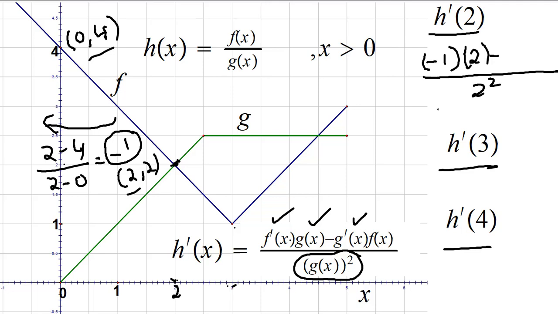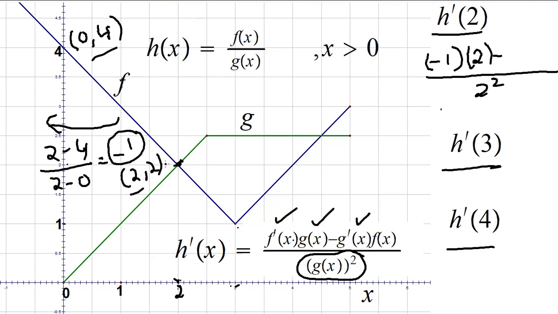If we want the slope of g at 2, it is the line that connects (0, 0) with (2.5, 2.5), so that's simply the line y equals x. So the slope will simply be 1 at the point 2.